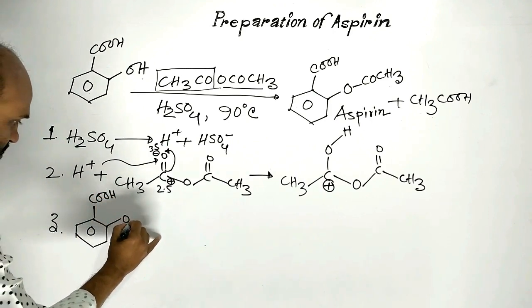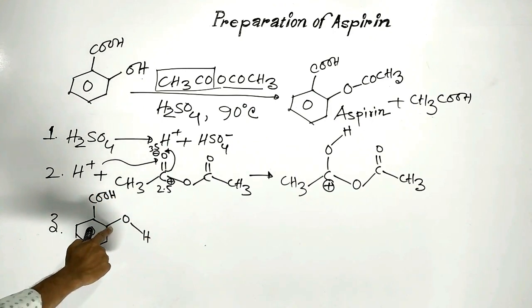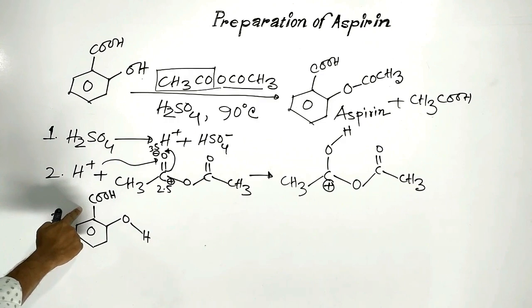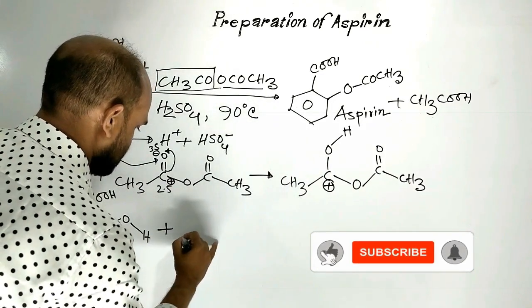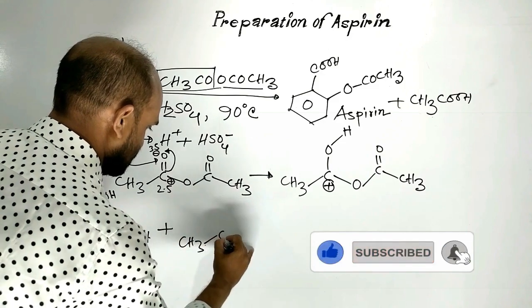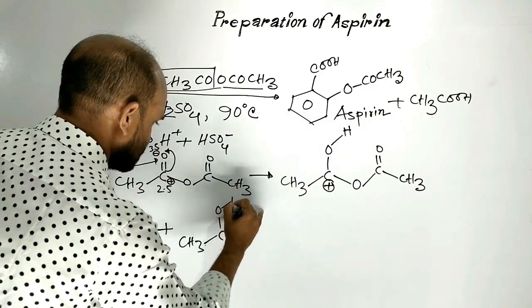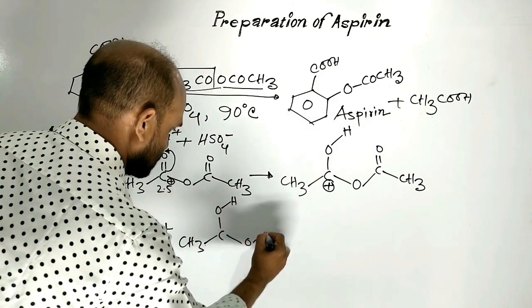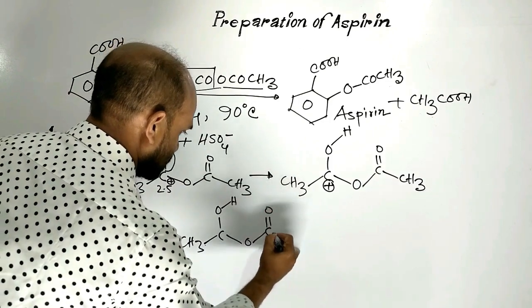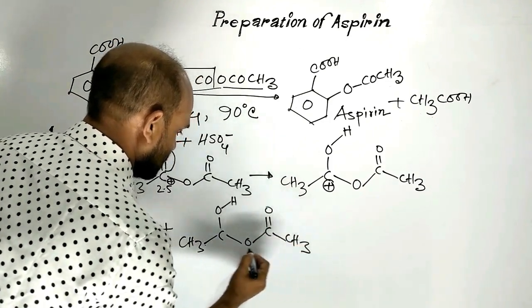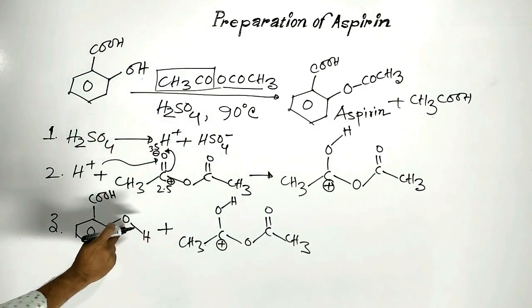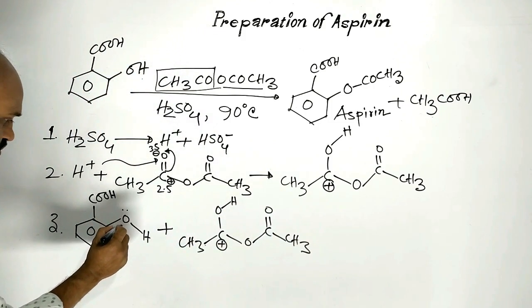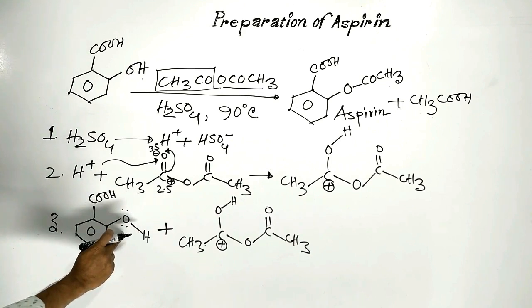Step 3. Salicylic acid or ortho-hydroxybenzoic acid reacts with this entity. This carbon is positive in charge. Oxygen carries 2 pairs of electrons.